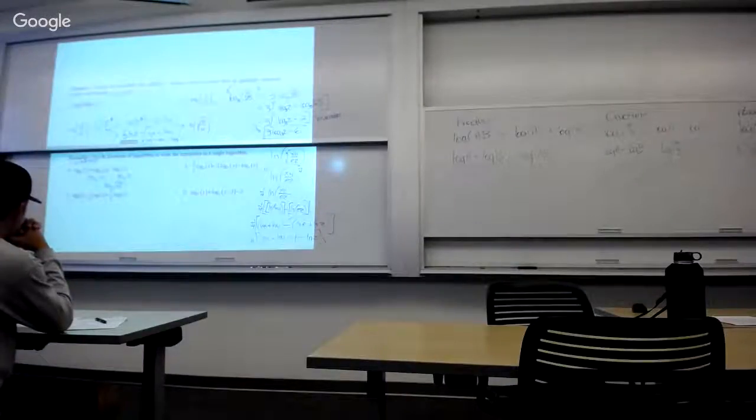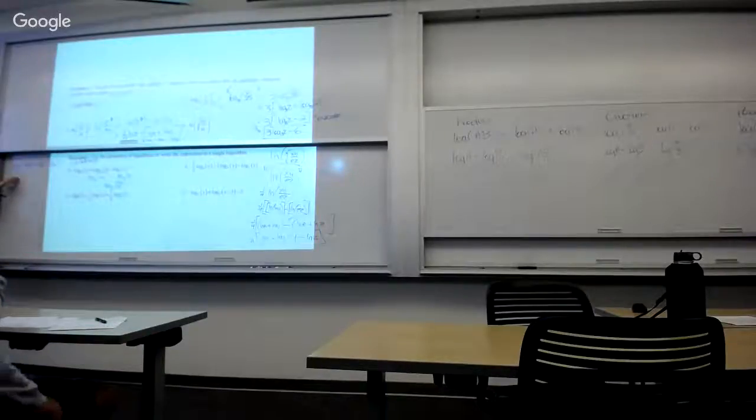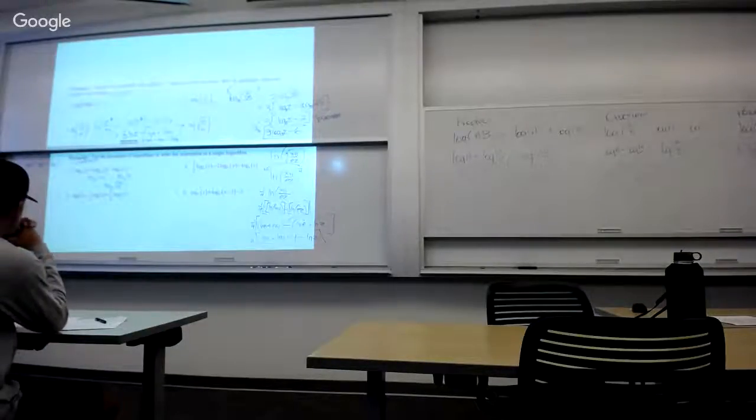So I'm just going to write a quick example here. Let's say that I had log 2 plus log 3 minus log 4 minus log 5. And I want to really quickly condense that into one logarithm. I don't have to sit here and think about the product rule and the quotient rule in a lot of depth. I can just say, well, any positive log, that number goes in the numerator.